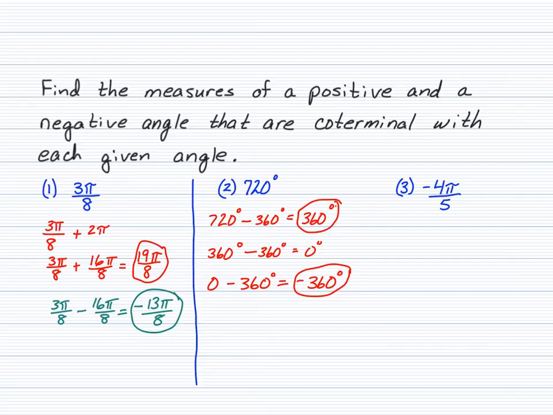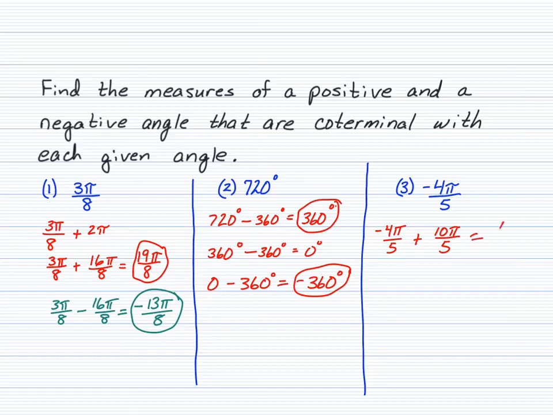All right, so the next one is once again in radians. So we're going to start out with negative 4 pi over 5, and we're going to be adding 2 pi, which in this case, for a common denominator, we need this to be in fifths. So 2 pi is 10 pi over 5.